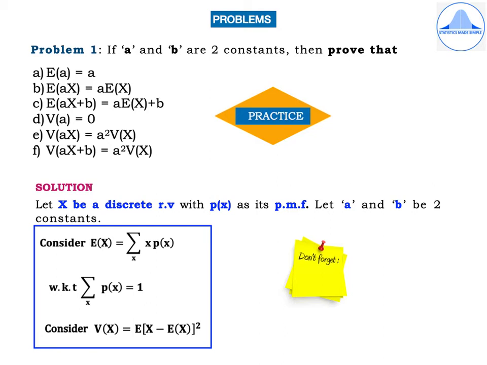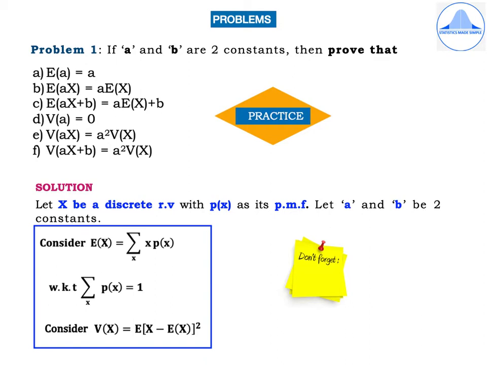But if it is a continuous random variable, the probability associated with it will be a probability density function, which is PDF. So it's very important to be specific right in the beginning. So again, I repeat, let X be a discrete random variable with P of x as its PMF. Let A and B be two constants.